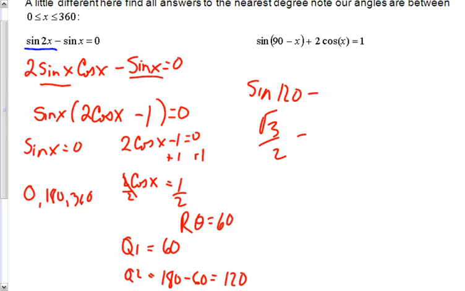Minus the sine of 60, which is radical 3 over 2, which is 0, as you can see. So sometimes it takes a little more care to check it, but it does check out. And we're done with that problem.